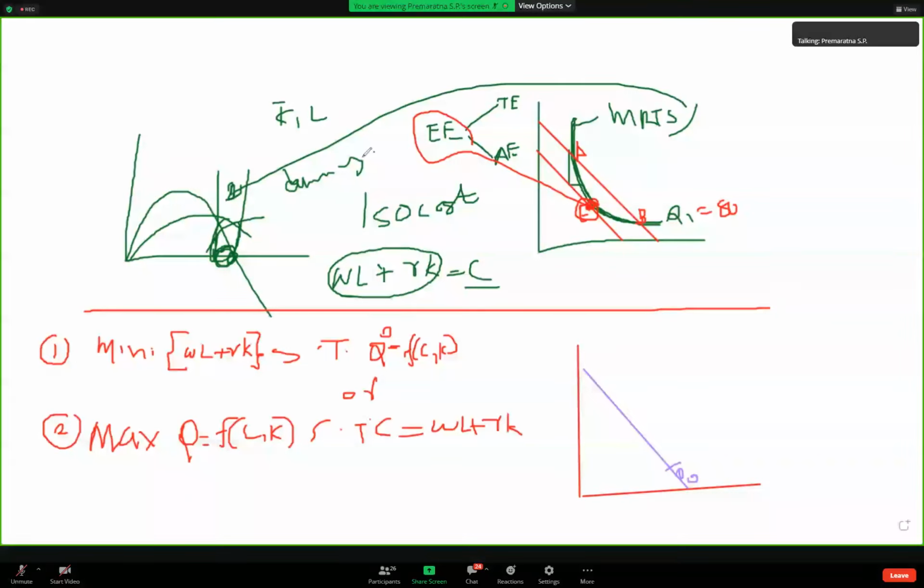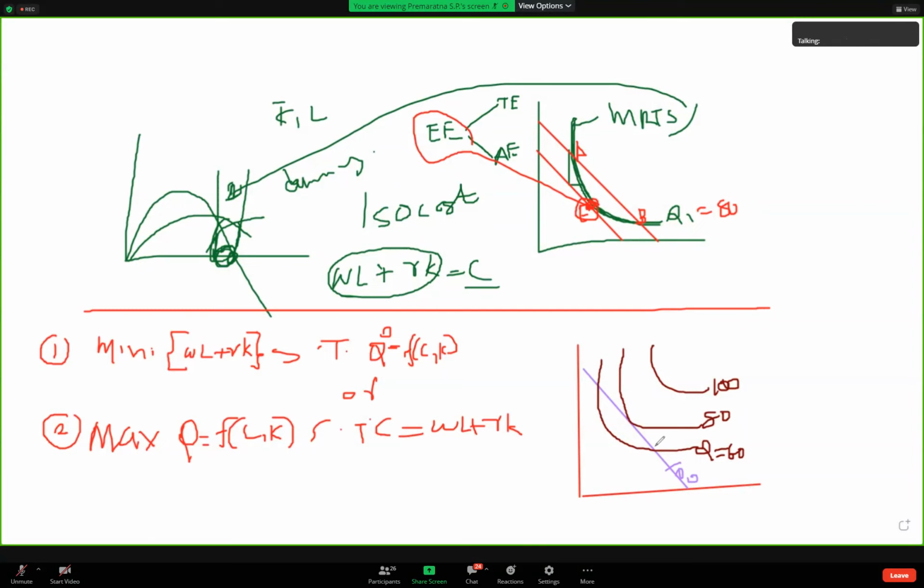Now producers try to maximize the output, somewhere let's say 60, somewhere let's say 80, somewhere let's say 100. Now in that process also, you see the budget isocost line and allocative efficiency there.